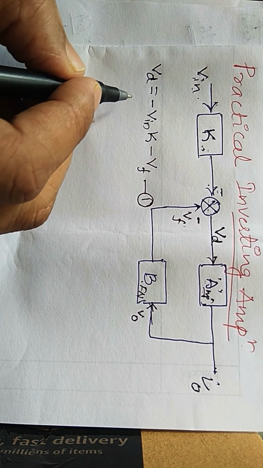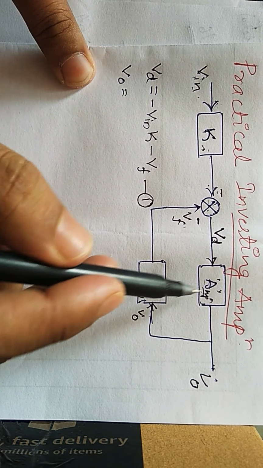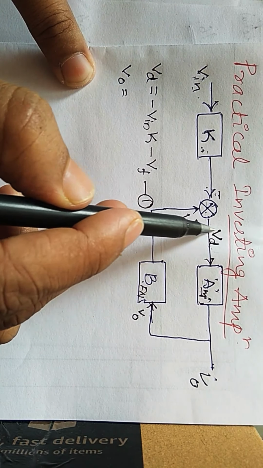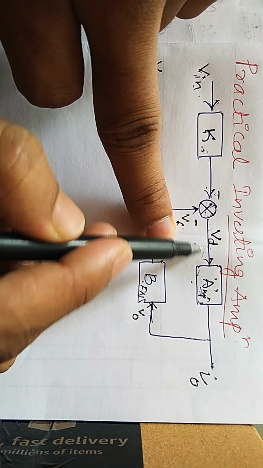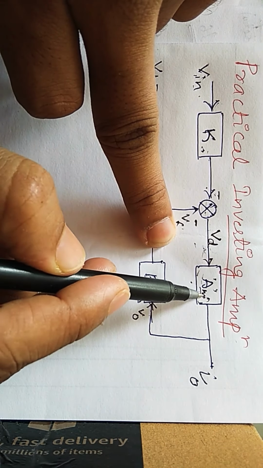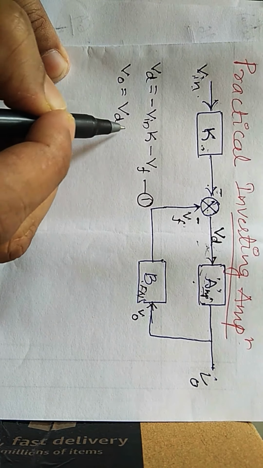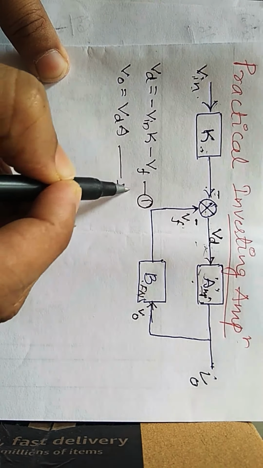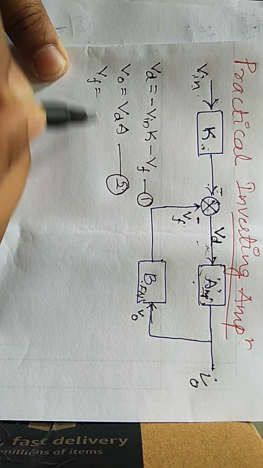And next one is the V0. So V0 equals, you can see that your input VD is supplied to the amplifier or A network. So both are multiplied, VD into A, we got the output V0. So V0 equals VD into A, that is equation number 2. And next we have another voltage, that is VF.